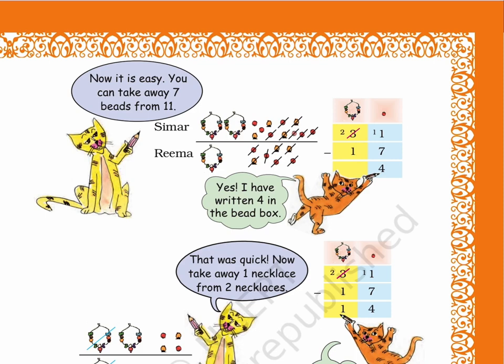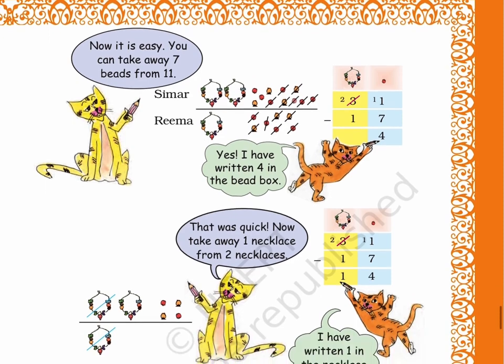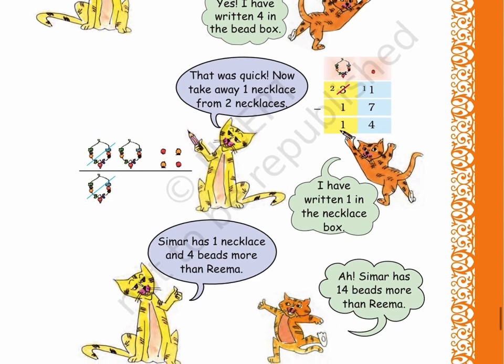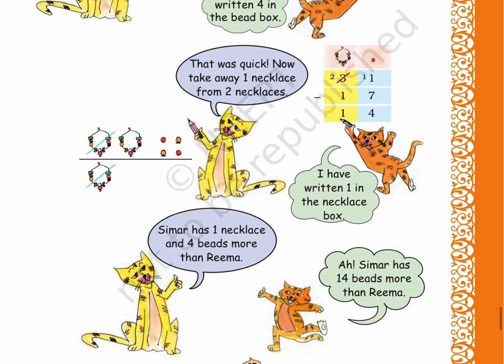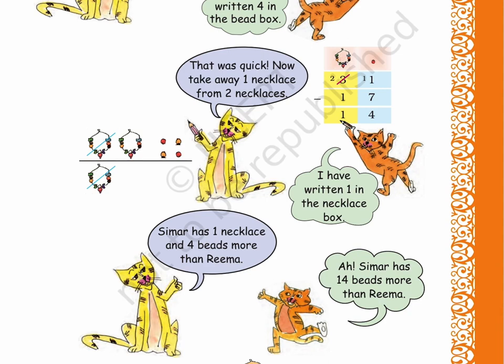In picture 2, cat 2 is sitting near the beads necklace and loose beads. Now, Simar's beads are 2 necklaces and 4 loose beads, and Rima's beads are 1 necklace only. Cat 2 is saying, "That was quick.